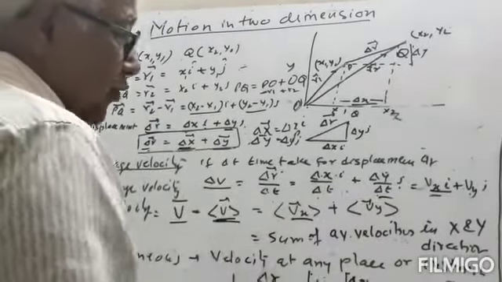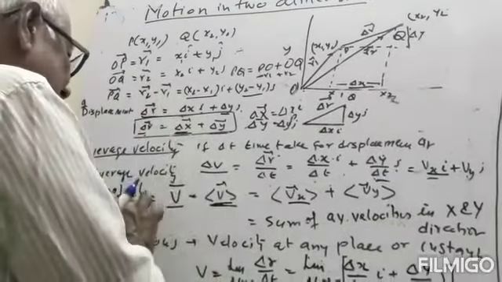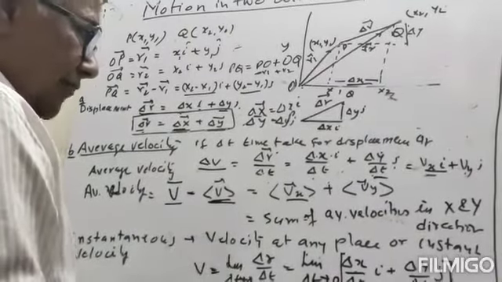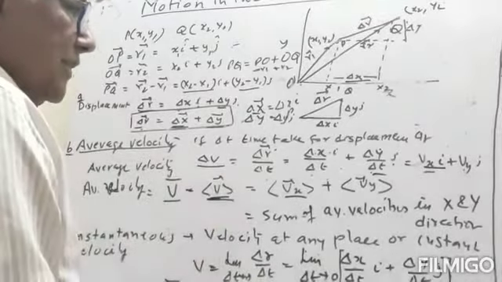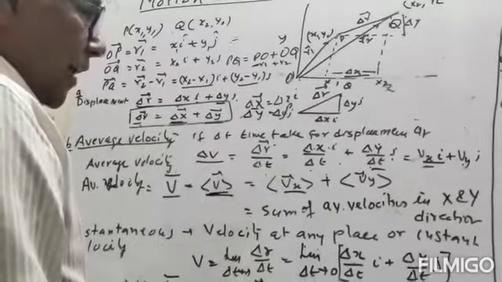So in two dimensions, the average velocity will be the sum of the average velocities in the two directions.